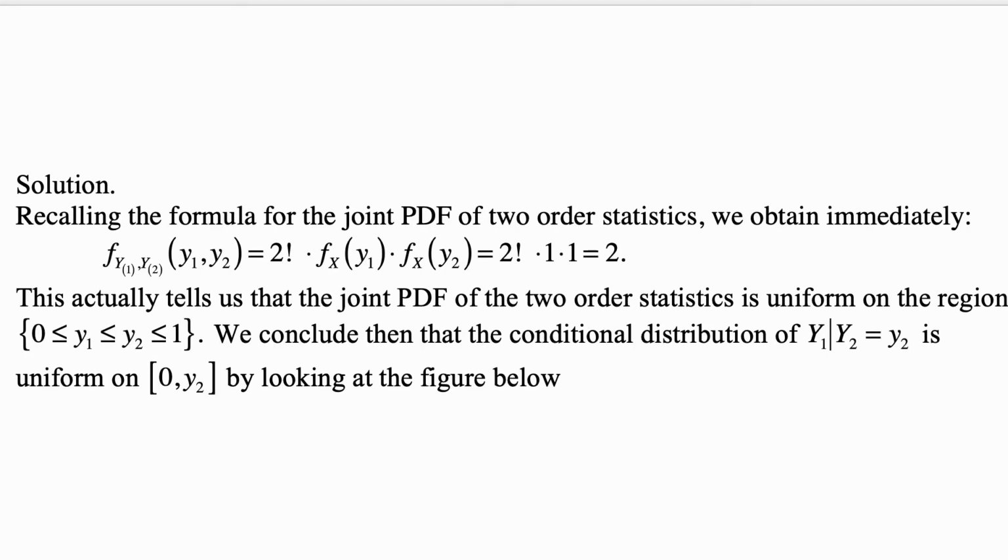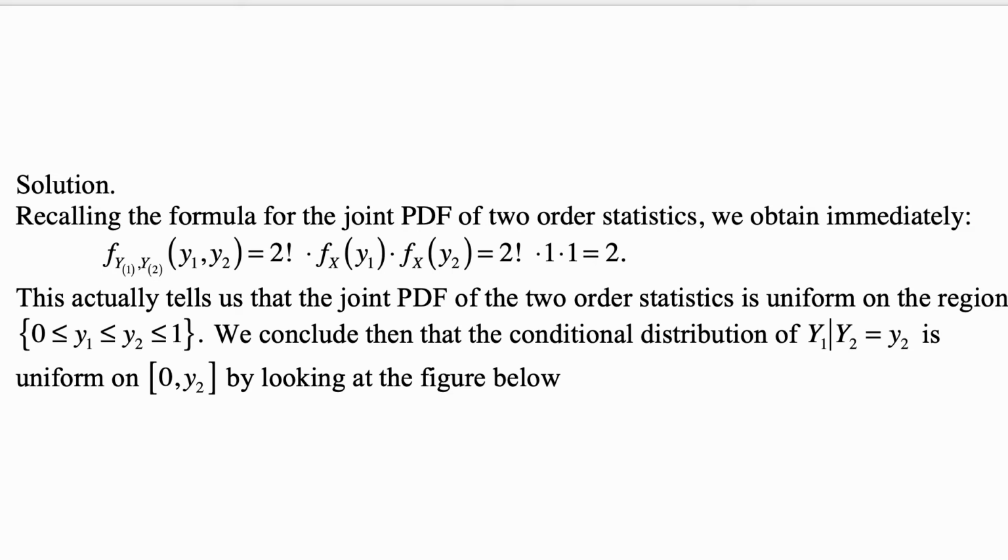And you have 5 choices of the possible formula. And here's the solution. So we recall the formula for the joint PDF of two order statistics, and we obtain immediately that f sub Y1,Y2 of (y1, y2) must be equal to 2 factorial times f sub X of y1 times f sub X of y2, and that's 2 factorial times 1 times 1, so 2.